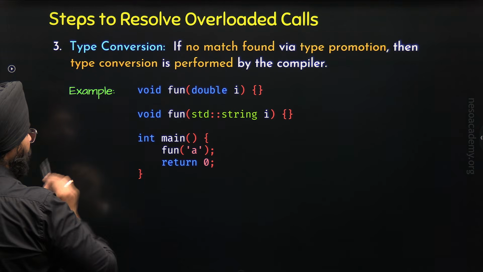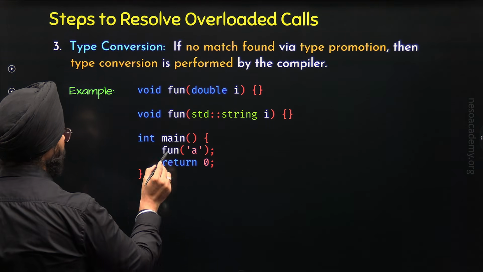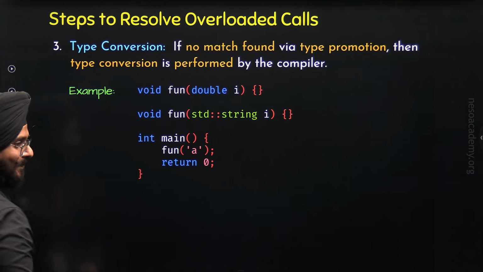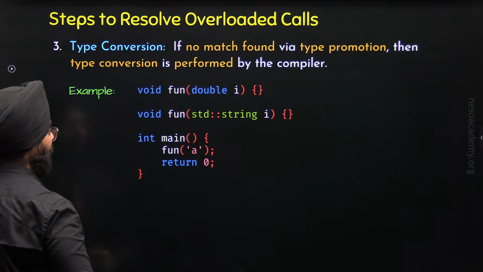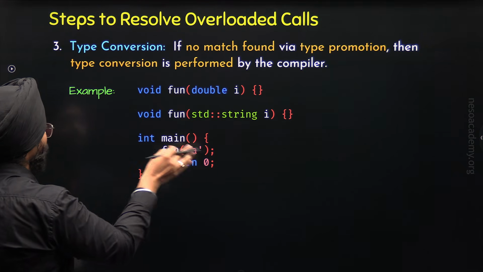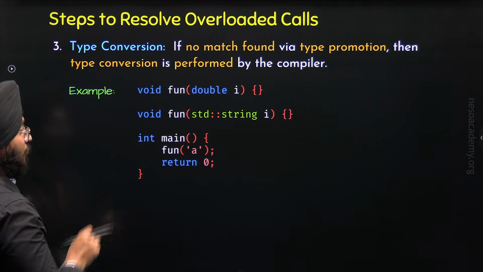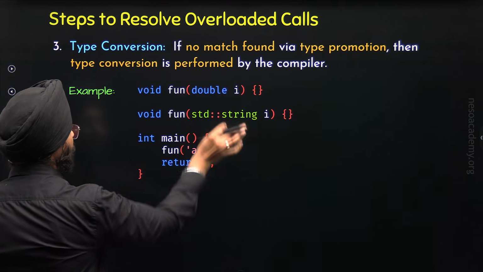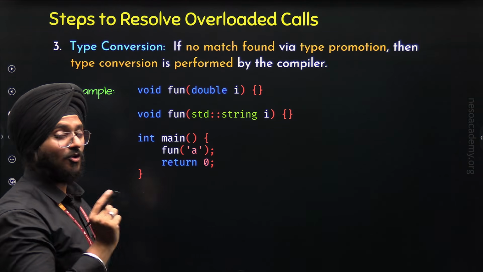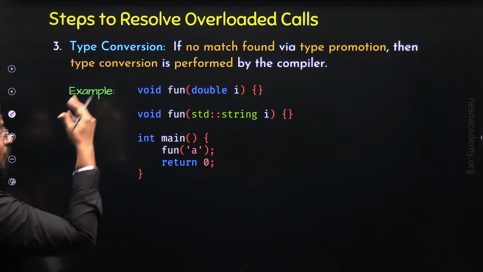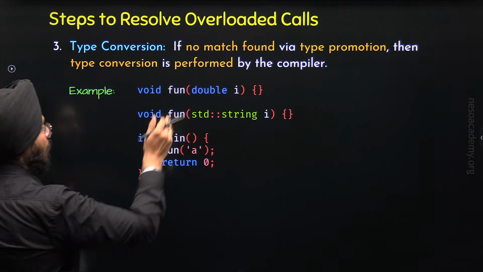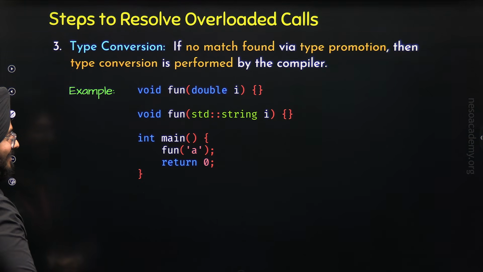Now inside this main function, I am calling the fun function with character A. Here we can observe we do not have an exact match. And type promotion is also not possible. If you are thinking that character can be promoted to double, this is not type promotion. A character cannot be promoted to double because they belong to different categories.